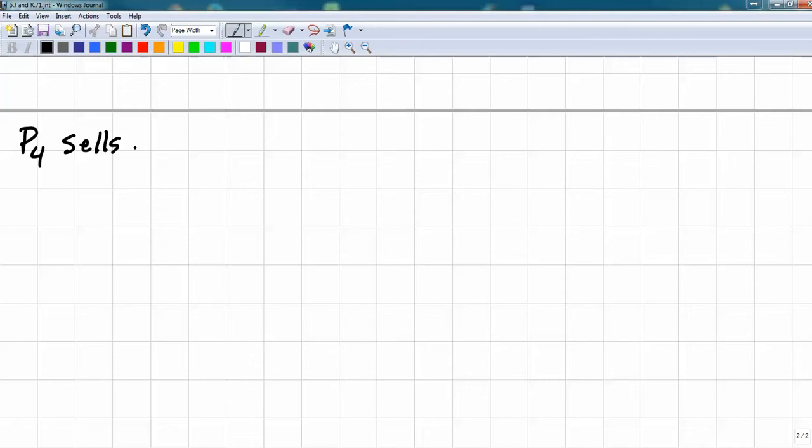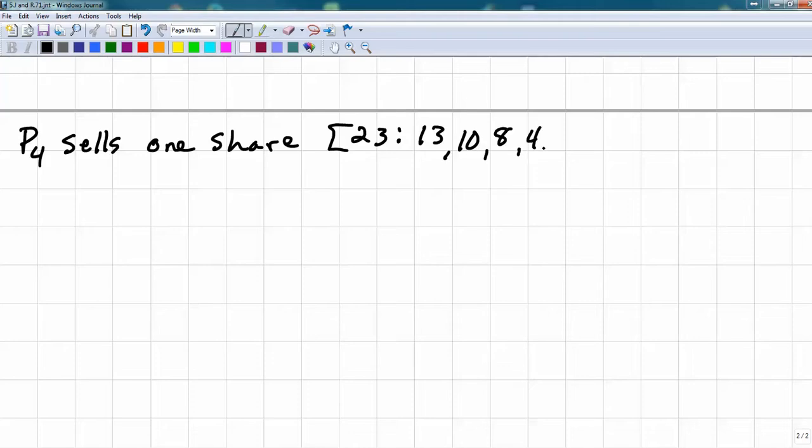And we'll go ahead and write that new coalition as 23 colon 13, 10, 8, 4, 3. Once again, I'm going to put that into the calculator, and that's going to give me this new arrangement.